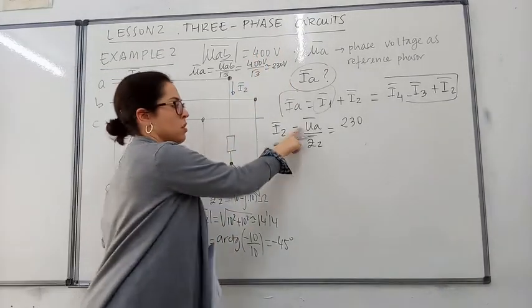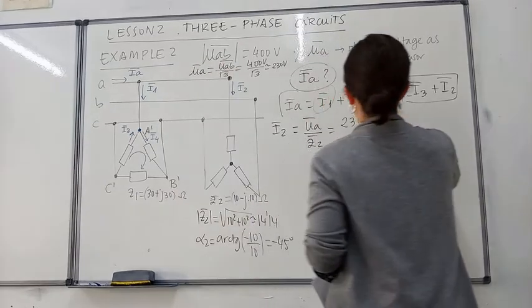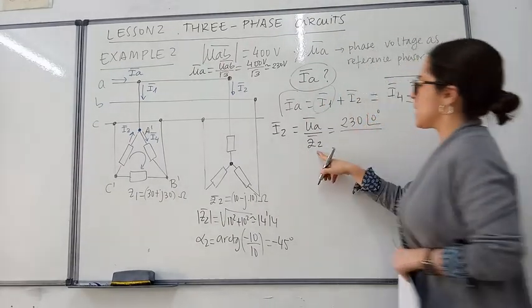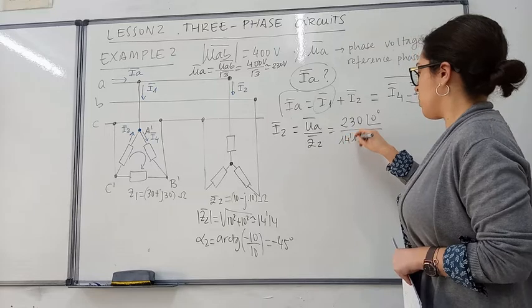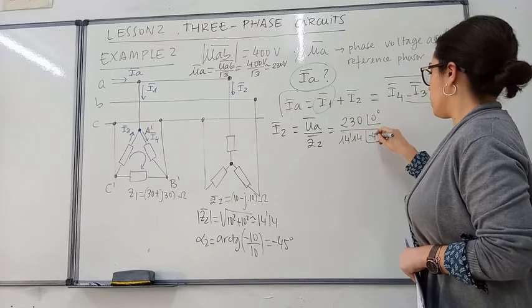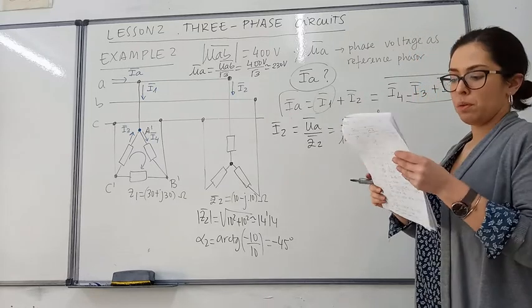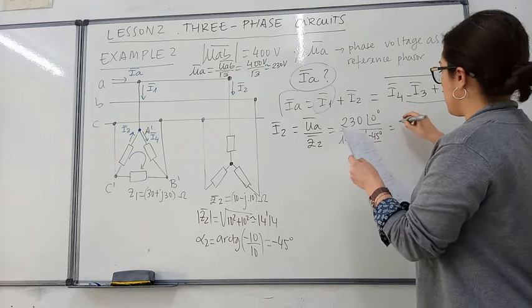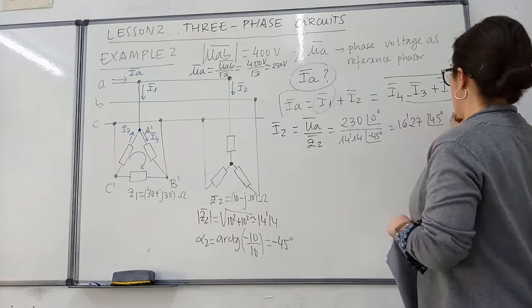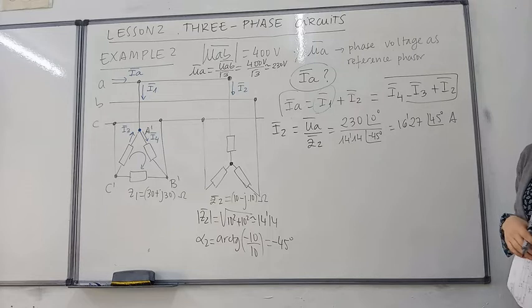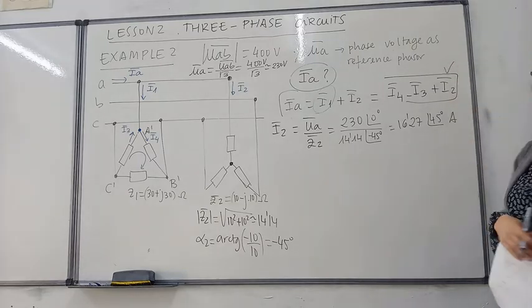We are considering this voltage as reference, so then 0 degrees. And in the impedance we have 14.14 and minus 45 degrees. So their result will be 16.27, 45 degrees amps. So by now we already have current 2.